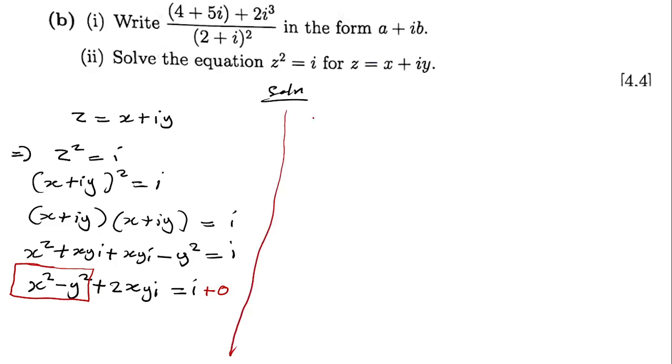So what you are going to have is x squared minus y squared is equal to 0. Okay, that's what you have. And you are also going to have 2xyi is equal to i. So those are the two things that you are going to have.